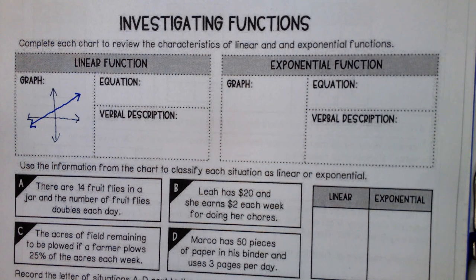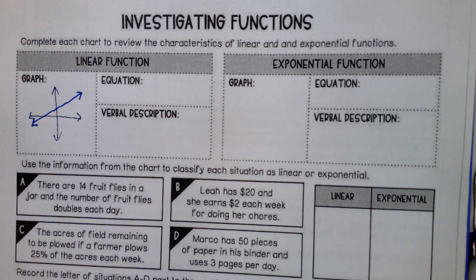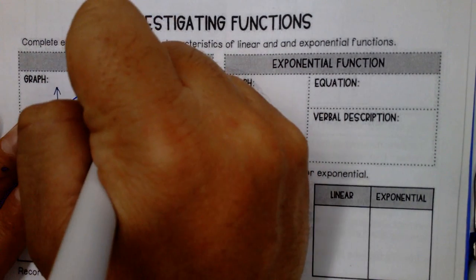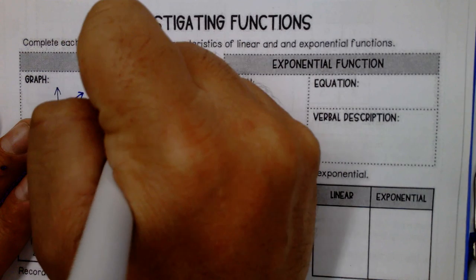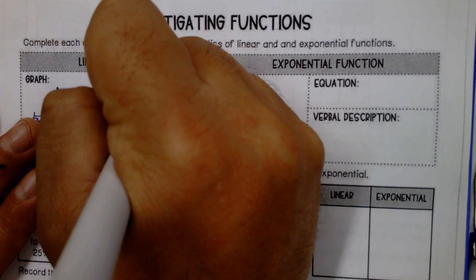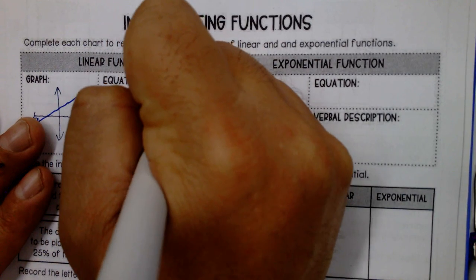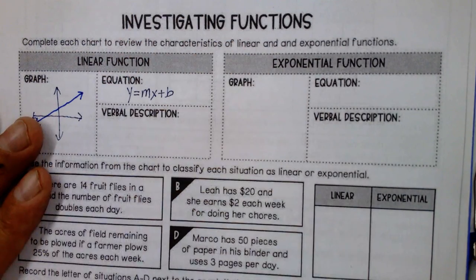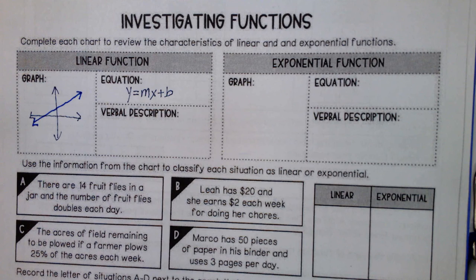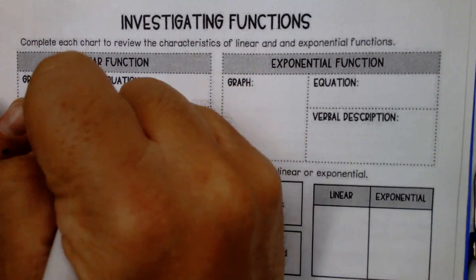And the fundamental equation is y equals mx plus b. And the main characteristic, if we were describing this verbally, is the function increases or decreases by a constant rate.